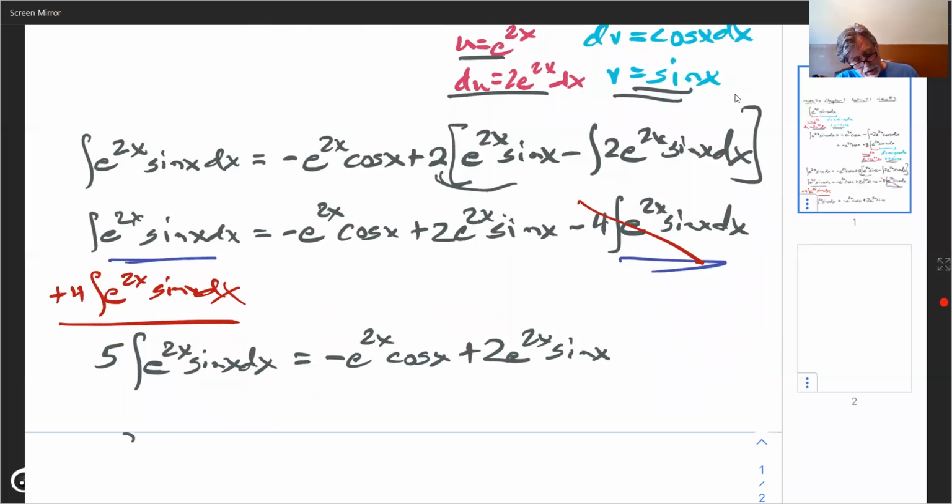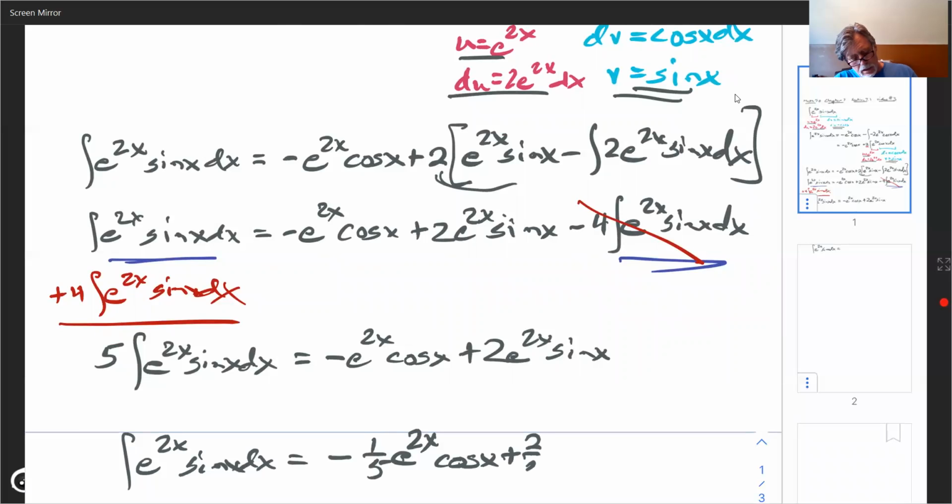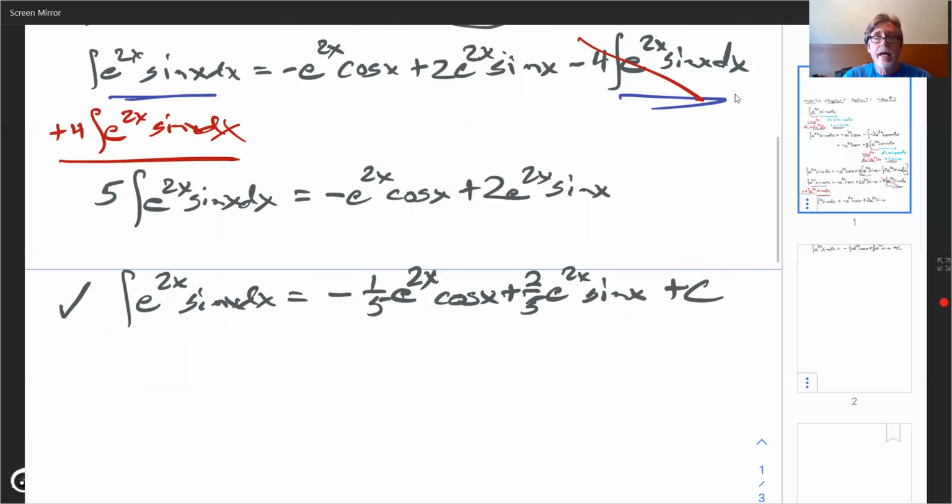The integral of e to the 2x sine x dx is, if you want to write it in different ways, I'll write it this way: -1/5 e to the 2x cosine of x plus 2/5 e to the 2x sine x. And at the very end, when you're finally done, because we are, you tack on your plus c and fini.